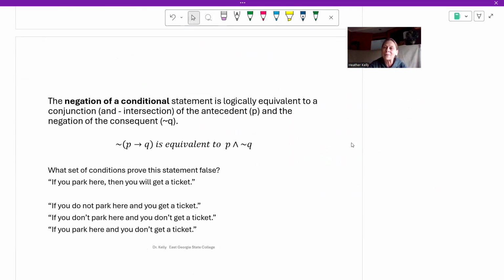Okay, we talked about that before, and De Morgan's law said that if we had not (P and Q), this was equal to not P or not Q. So this was De Morgan's law from last class.